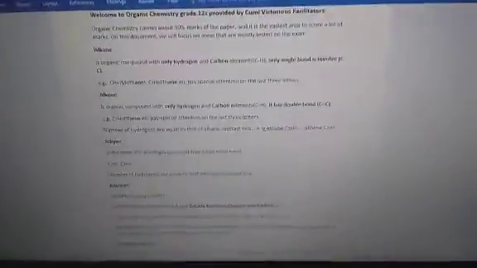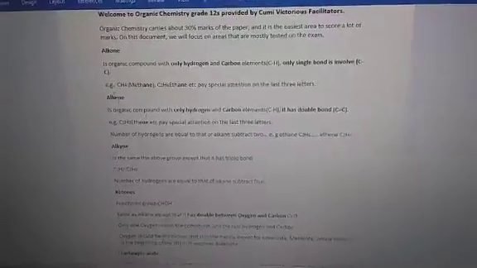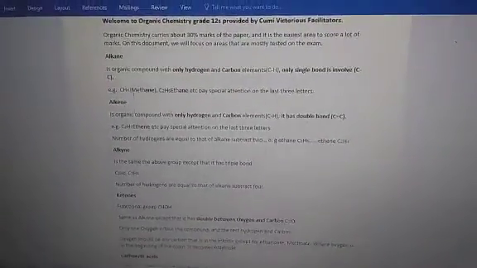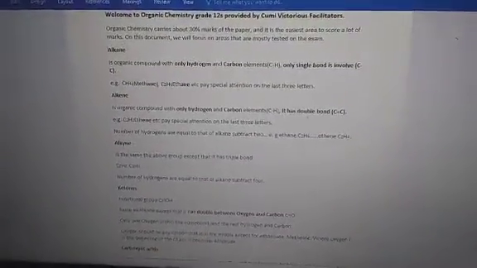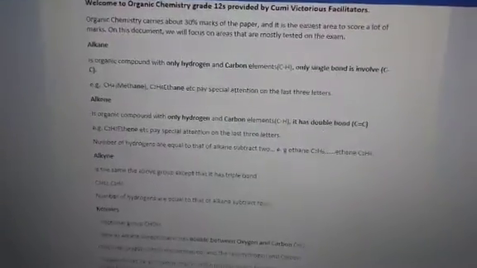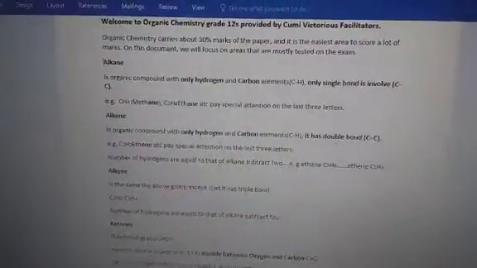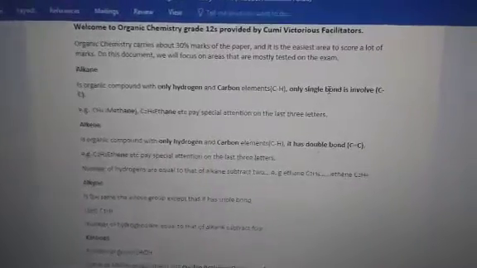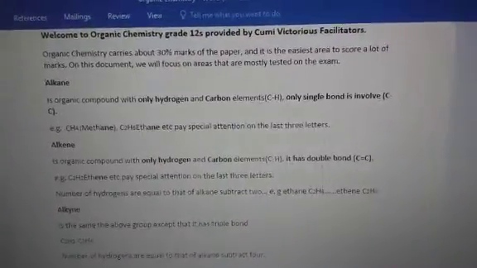All right, let's go to alkene. Alkene is just a derivation of this one. It's still the same as alkane, with the exception of the bond. You are now having a double bond between carbons.